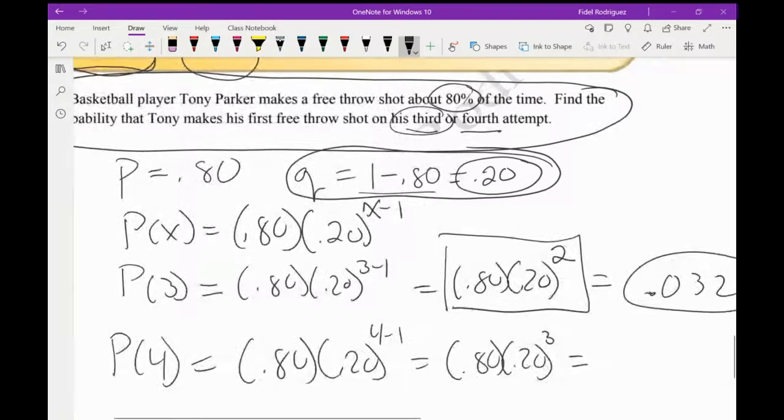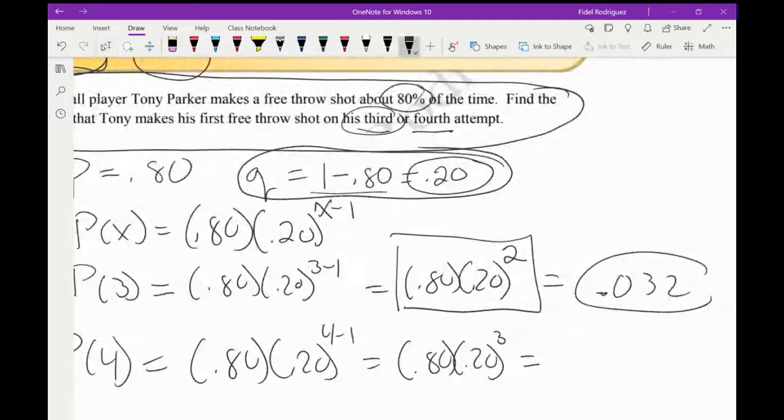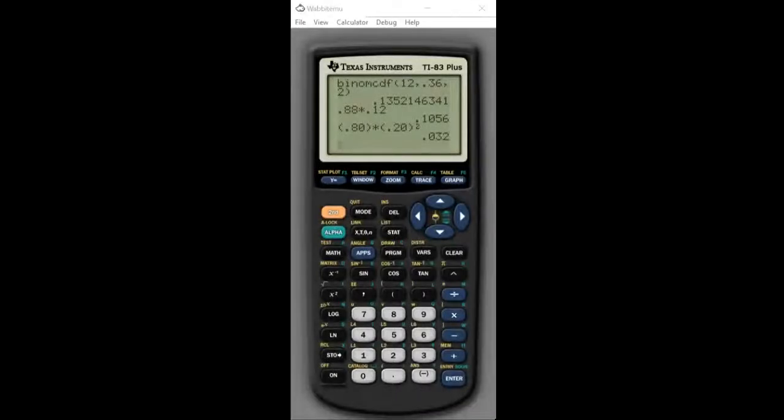Okay, so on the fourth attempt, this is what I'm going to enter on my calculator. Let me pull up my calculator again. I think you guys can see it. To make it easy, I can go second entry, and it types in the same thing.